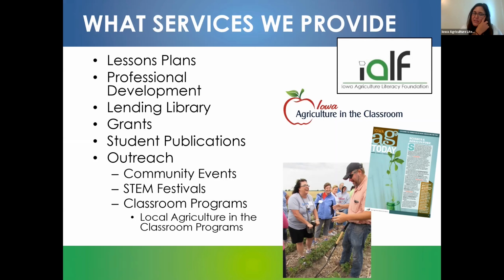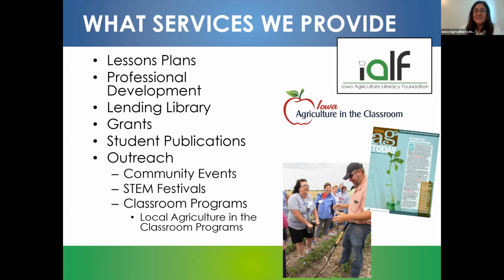Journey 2050 is one program that we will go into classrooms and do programs on a normal year, not necessarily during the pandemic. We aren't doing near as much, but then we also have local agriculture in the classroom contact. So Iowa Agriculture Literacy Foundation is a state contact for agriculture in the classroom. Agriculture in the Classroom is a nationwide program. Here in Iowa, for the last 6 years, it's been administered by the Iowa Agriculture Literacy Foundation.